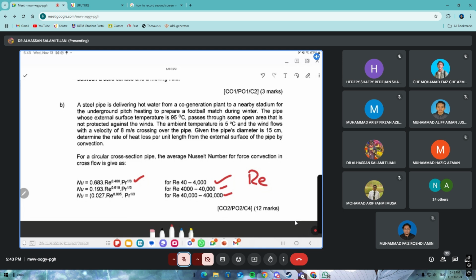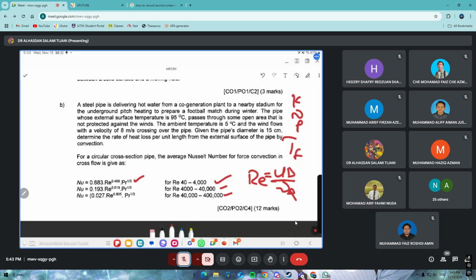And Re we know equals U times D divided by kinematic viscosity. So how do we determine this kinematic viscosity? We need to find Tf. So this Tf will give us the thermal conductivity of the fluid, the kinematic viscosity, the density, and so on.